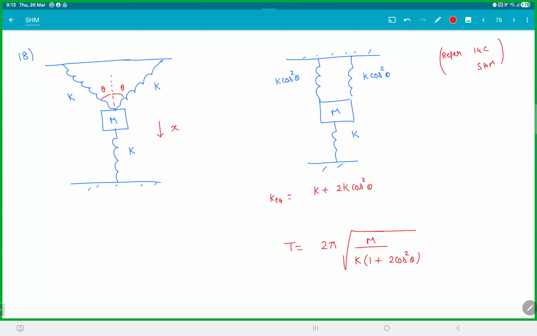All clear with this? So it will be cos square theta. Be careful with that. It's not one single cos theta. That's how you can handle the things with angle. Any doubts on this? Advait, clear with this? Ishman? Ovia? Param? Clear? Next one.